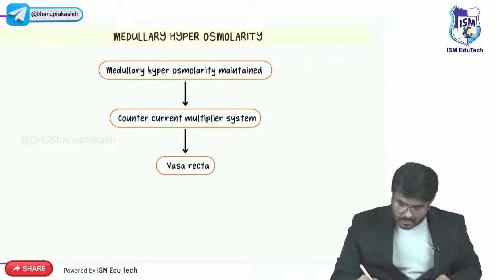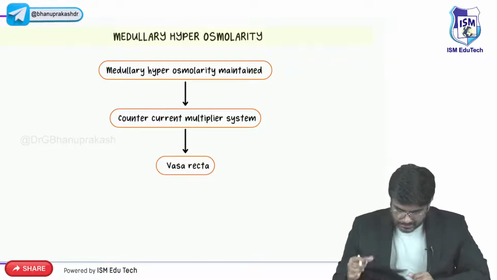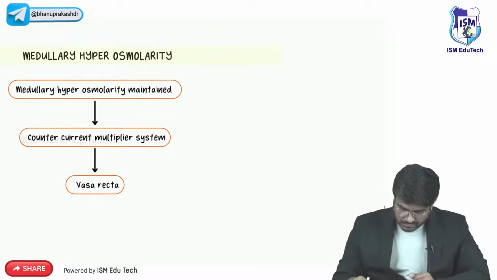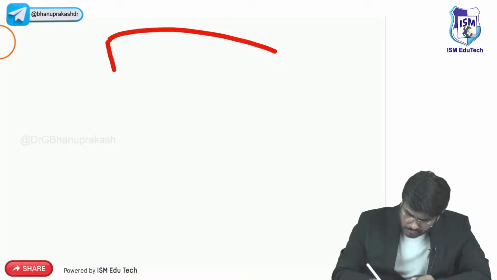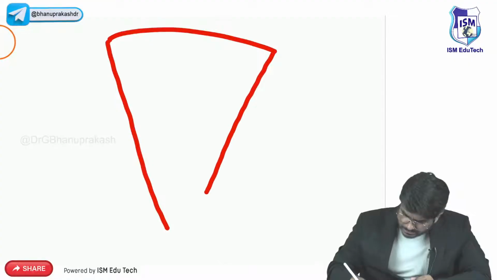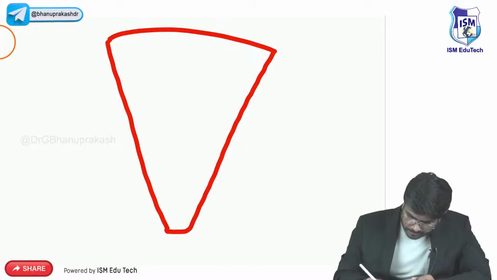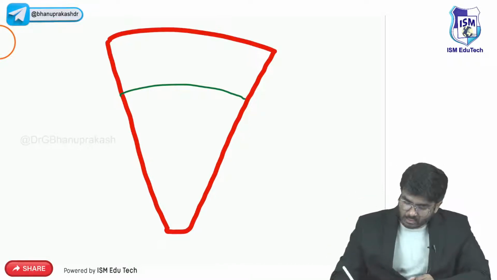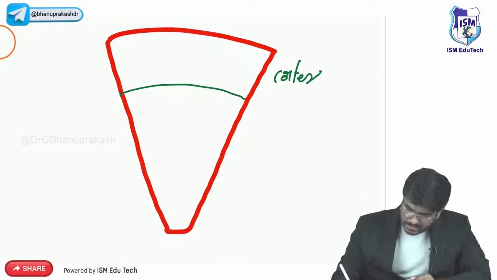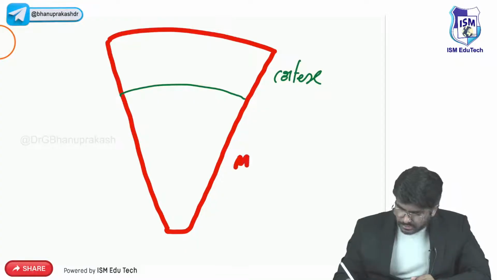Next, what should I teach you? In this slide, let me write here. For example, I am showing you one renal pyramid. This renal pyramid is divided into the outer cortex and the inner medulla. You know it. The outer part is called the cortex, and the inner part is called the medulla.